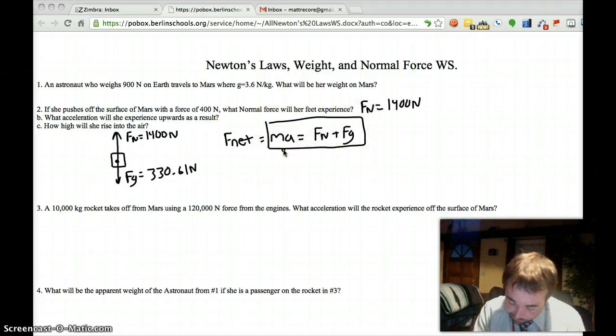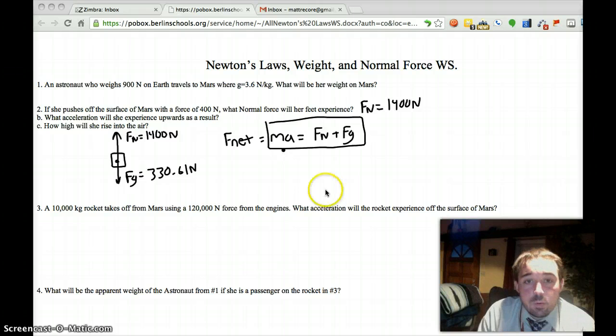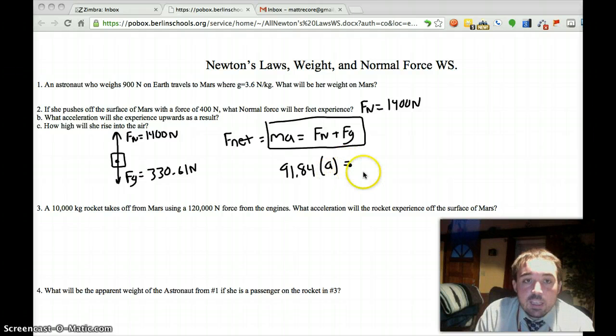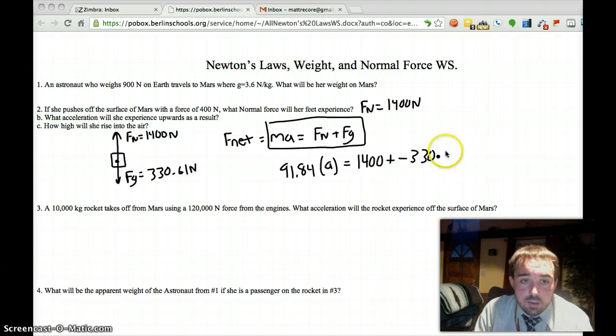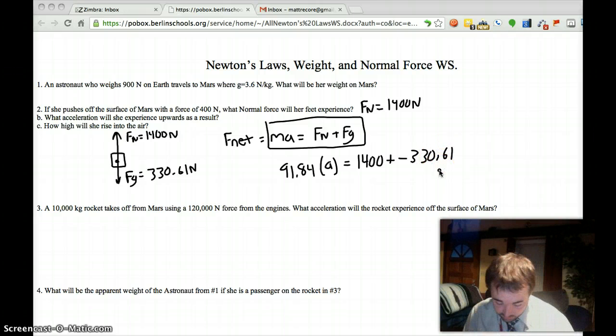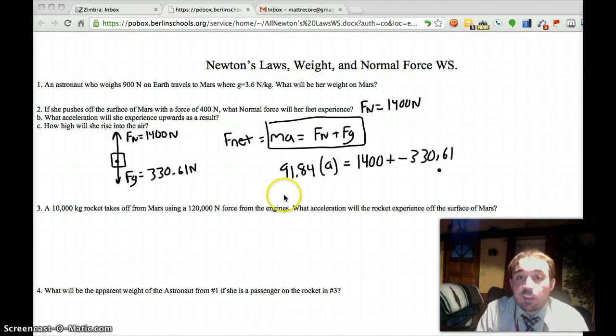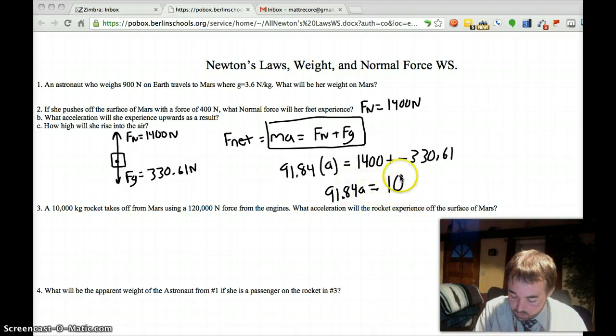We know the mass was 91.84. So 91.84 times the acceleration equals our normal force, 1400, that's a plus because it's up, plus negative 330.61. So 1400 minus 330.61 gives us 91.84a equals 1069.39.